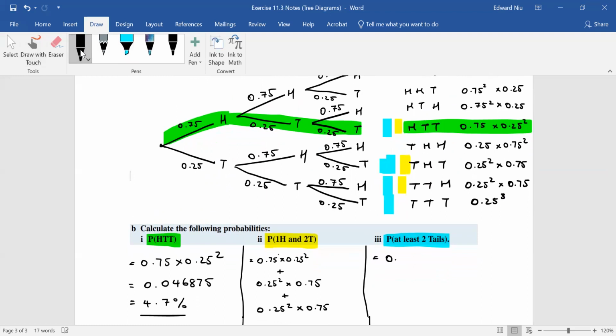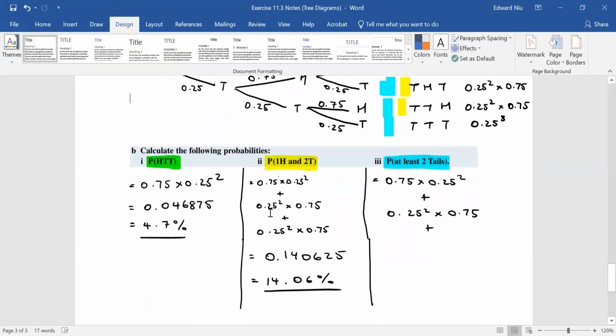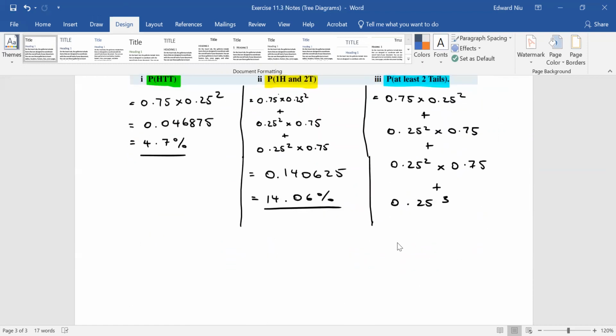You have 0.75 times 0.25 squared. Then you have 0.25 squared times 0.75. Then you've got 0.25 squared times 0.75. And then lastly, you've got 0.25 cubed. Input everything into your calculator and you should get your answer.